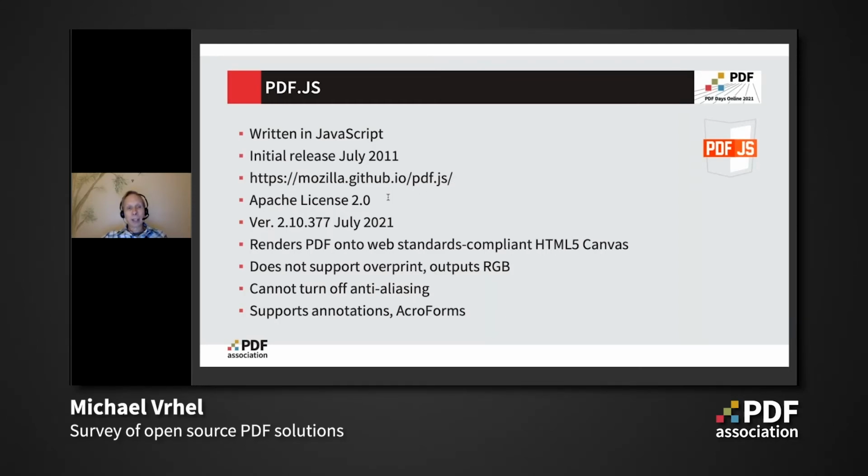It uses Apache license. Most recent version was July of 2021. Basically, it renders RGB content onto a HTML5 canvas. Does not support overprint. As I said, it only outputs RGB. You can't turn off anti-aliasing, but it does support annotations and AcroForms.